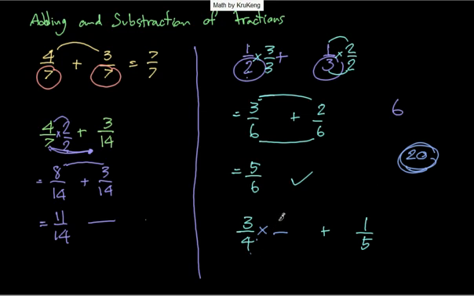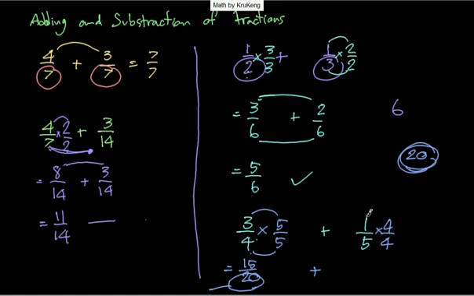That number is 5 over 5, right? So we have 3 times 5 is 15 over 4 times 5 is 20. Now this denominator is 20. Next we multiply by 4.